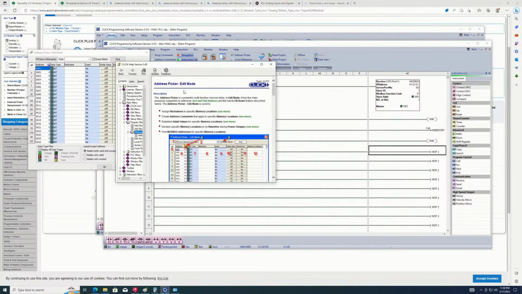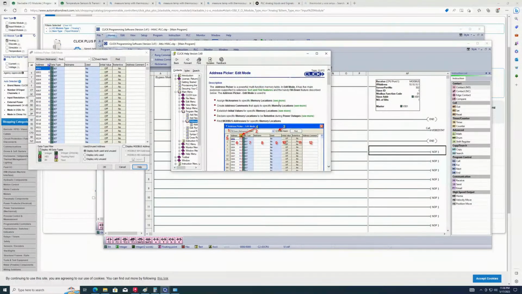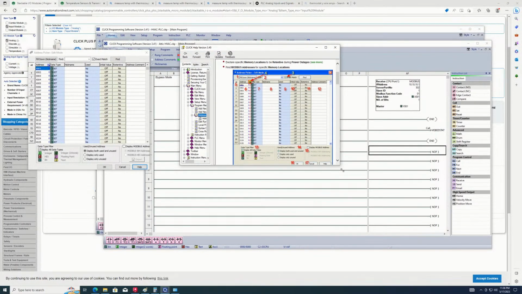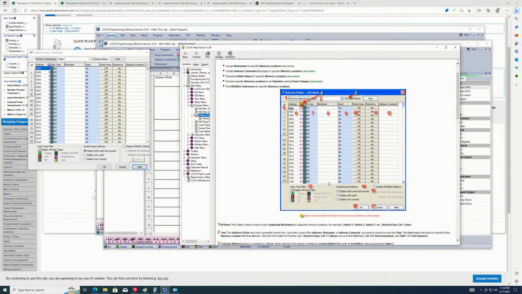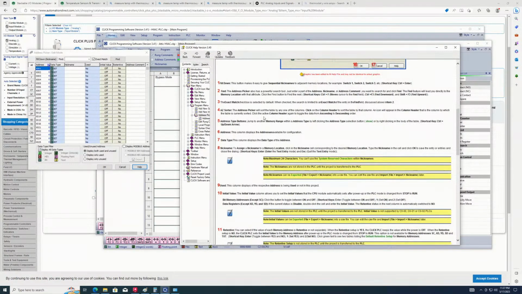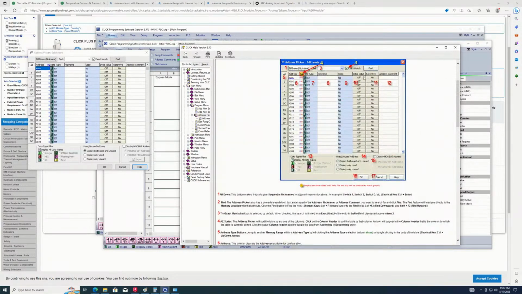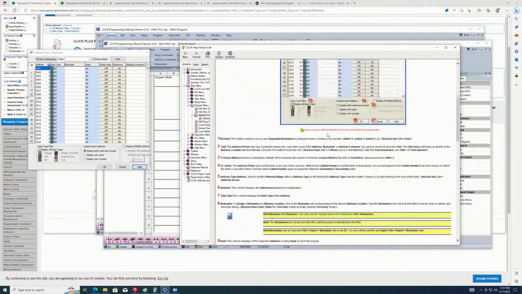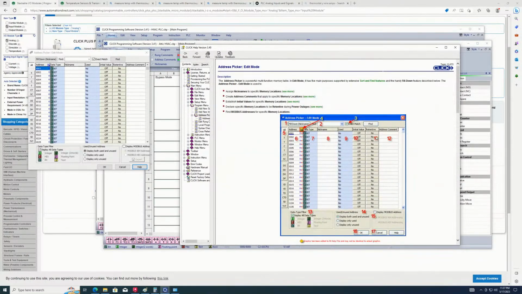If we go to help, remember the help menu? Remember how applications used to have help and how useful they were? Maybe they still do. When it's designed by an engineer that knows it's better that you know everything than not know everything, it's good documentation. So if we go to initial value, it allows you to set the initial value that the CPU automatically sets after power up. So that 5 seconds, I can automatically set what certain bits are in that 5 seconds.